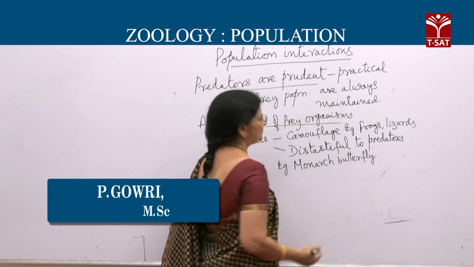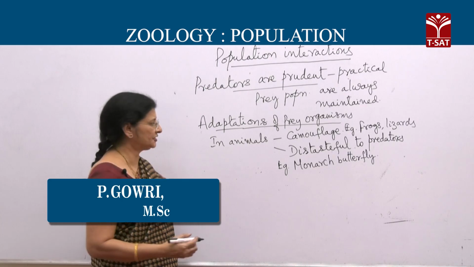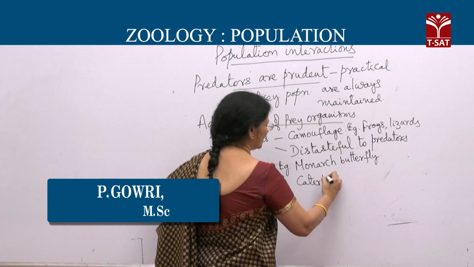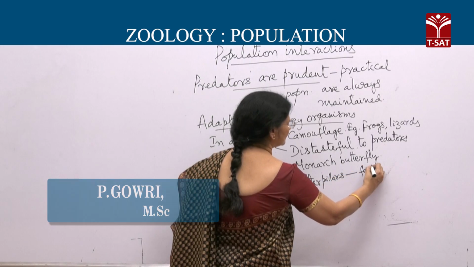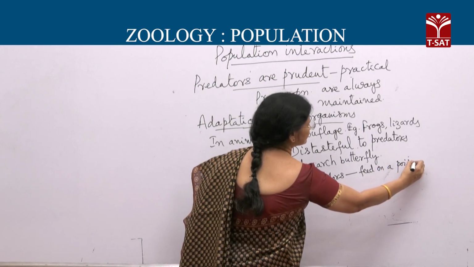When this butterfly is in the developing stage, as caterpillars, they feed on a particular plant, a poisonous weed.